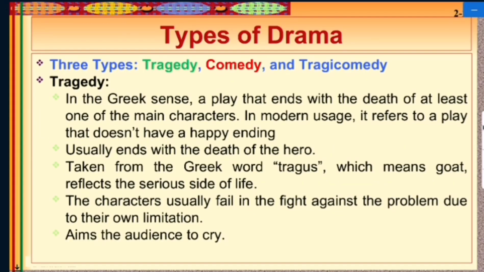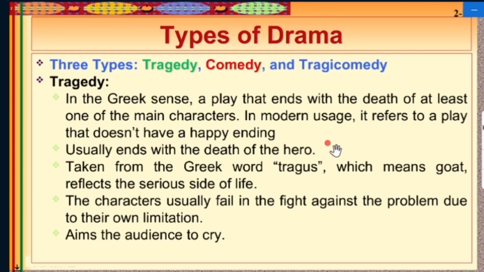And then comes the types of drama. There are basically three types of drama. The first one is tragedy. In the Greek sense, a play that ends with the death of at least one of the main characters is called tragic drama. In modern usage, it refers to a play that doesn't have a happy ending.